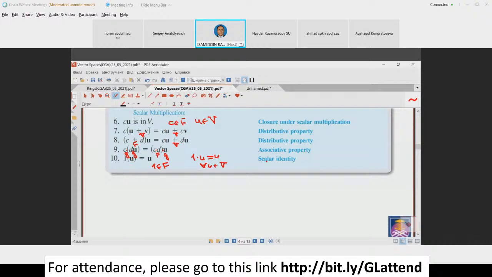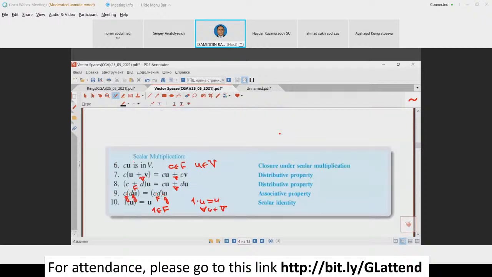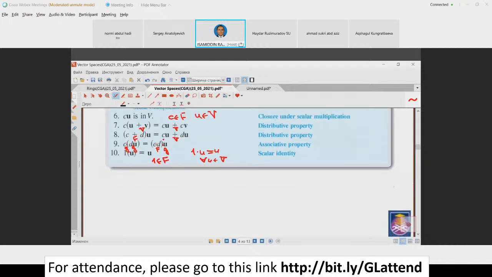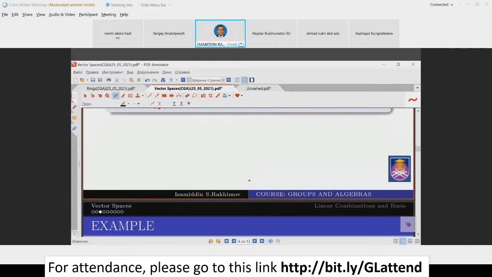So it's called scalar identity axiom. So we have another 5 axioms. So altogether, vector space has 10 axioms. 2 closure axioms, and 8 are properties of operations and interrelation between the operations.